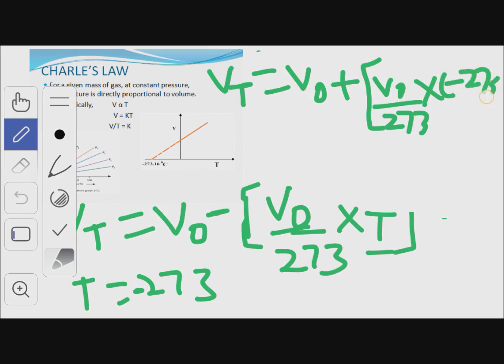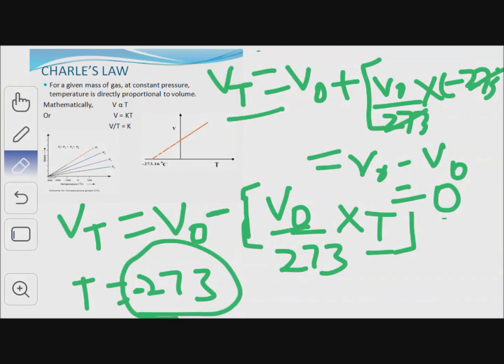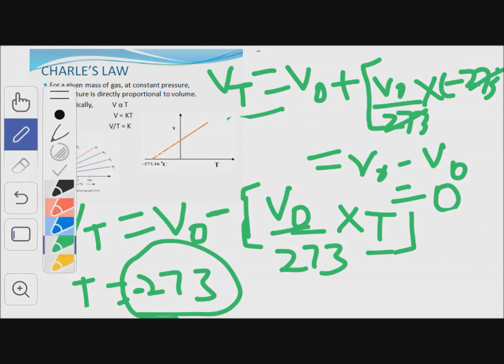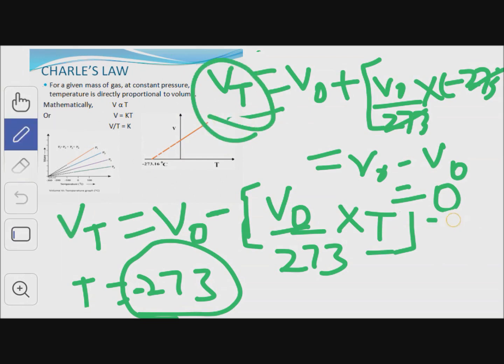Here we take the temperature as negative, and by cancelling it we get V naught minus V naught, which is equal to 0. It is practically not possible. The volume of the gas is not 0, but it is hypothetical or theoretical. When we take the temperature at minus 273 degrees Celsius, the volume of the gas becomes 0.